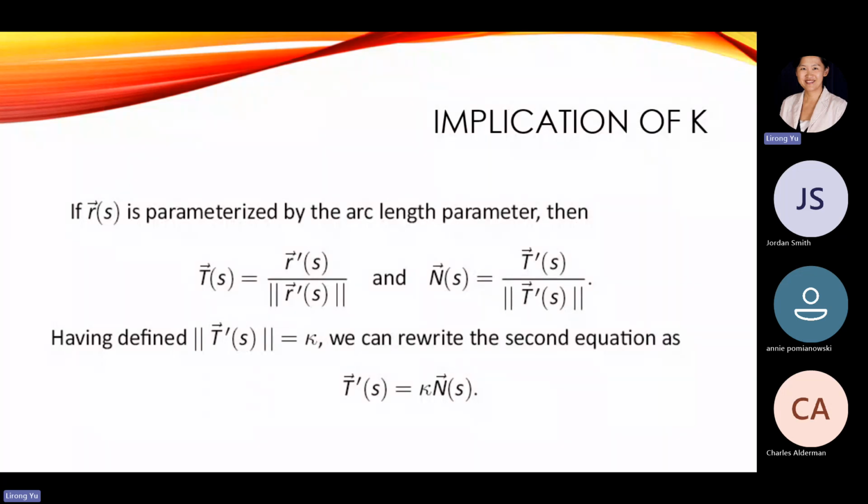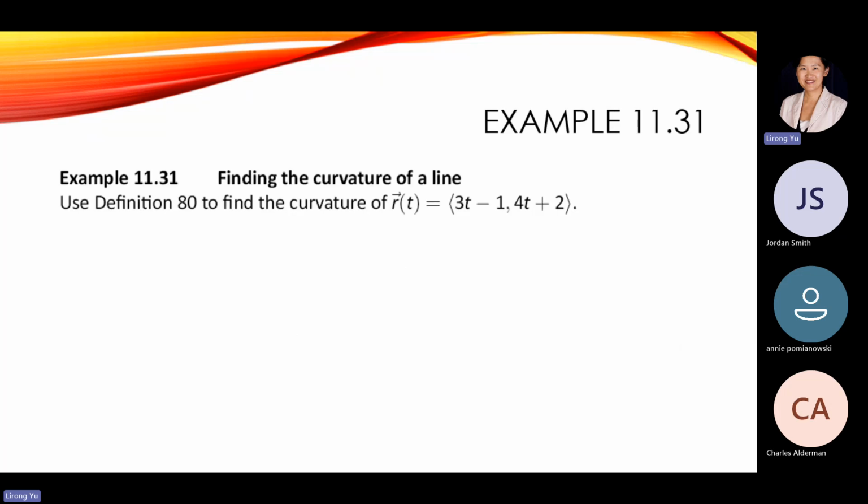Therefore, T prime has two components. The magnitude of T prime is the curvature, which is K, and then the unit normal vector is the direction of T prime, the unit normal vector that we talked about in last section, that is perpendicular to the original tangent vector. That's one interpretation of it. So K is like the magnitude of that T prime.